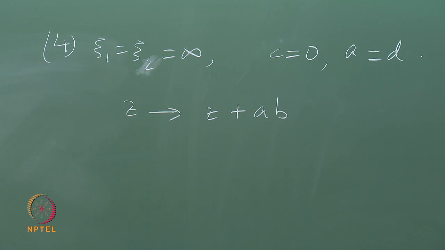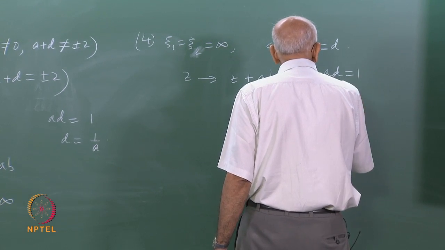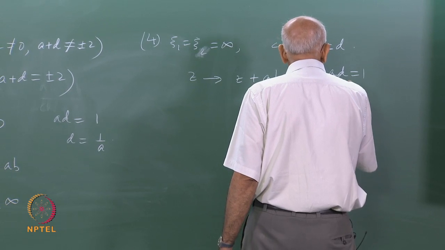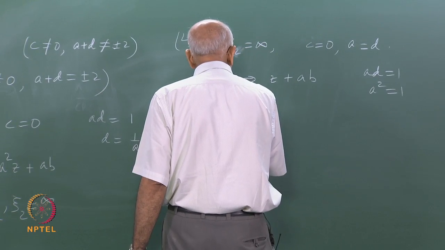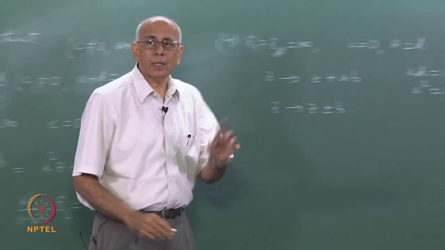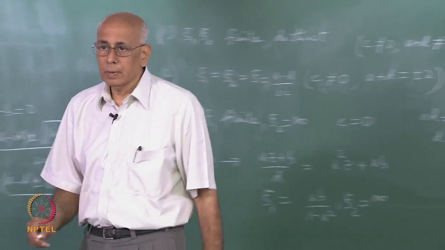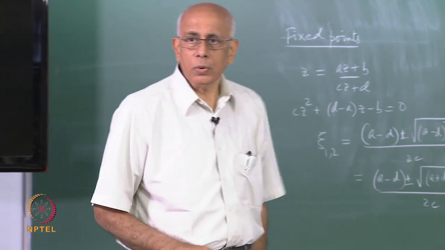In this fashion. Okay. And now remember that you must also have AD equal to 1. So it says A squared equal to 1. So this means Z goes to Z plus or minus B. Just a translation, a trivial translation. These are trivial cases, but it is important to have them also in place.